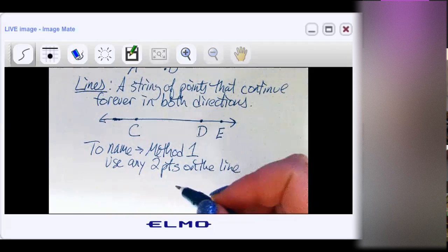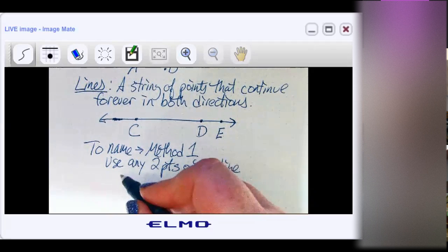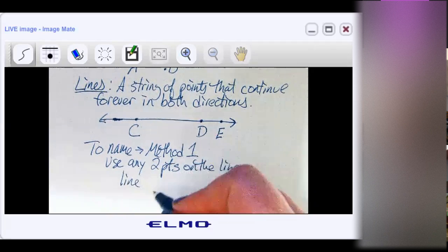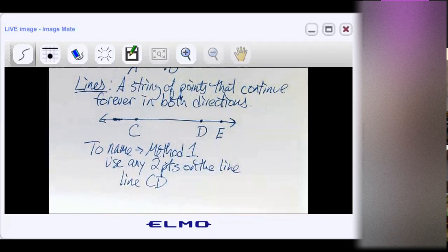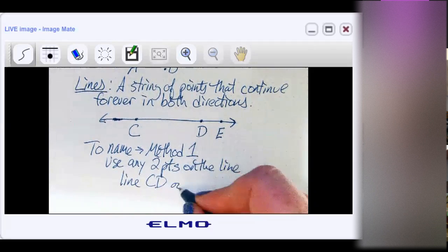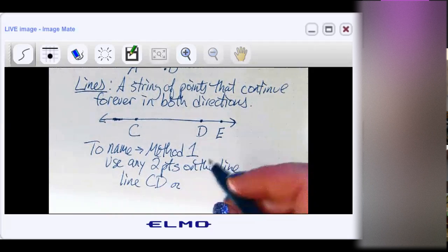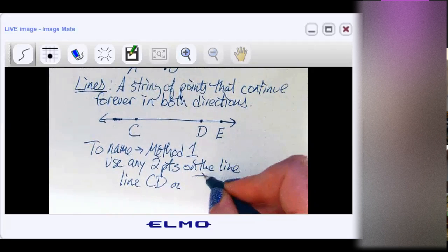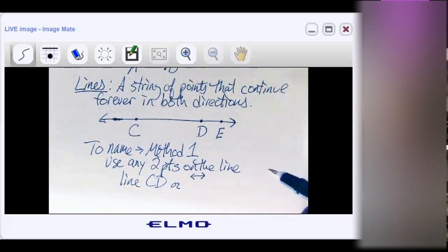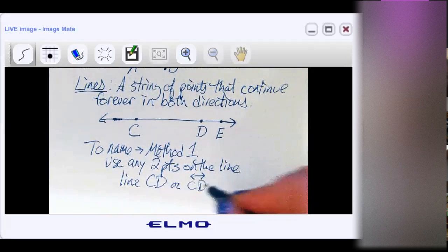And then when you write it, you can write it two different ways. So let's say I want to call this line CD. You could write it just like that. Or we love shortcuts in math because we don't like writing a lot. So your other option is to write a line symbol just like that and then put CD underneath it.